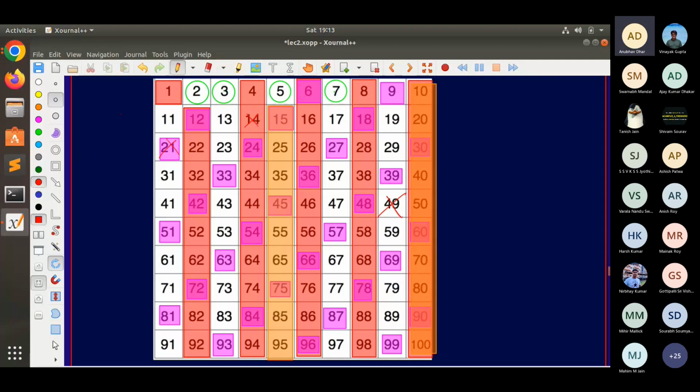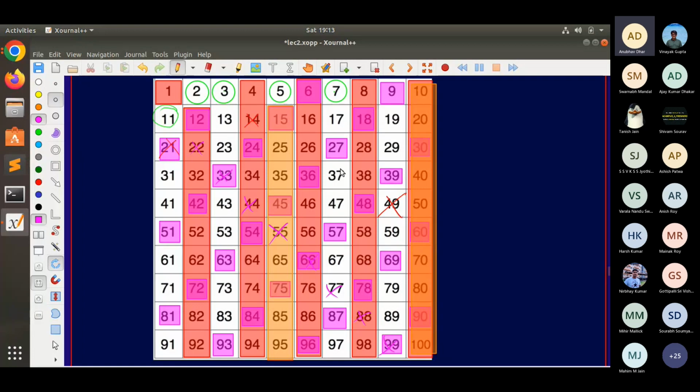Then 11 would come, and you need to cross out all the multiples of 11. 22, 33, 44, right? All of those. So this is an easy task. Then 13, then 17, 19.